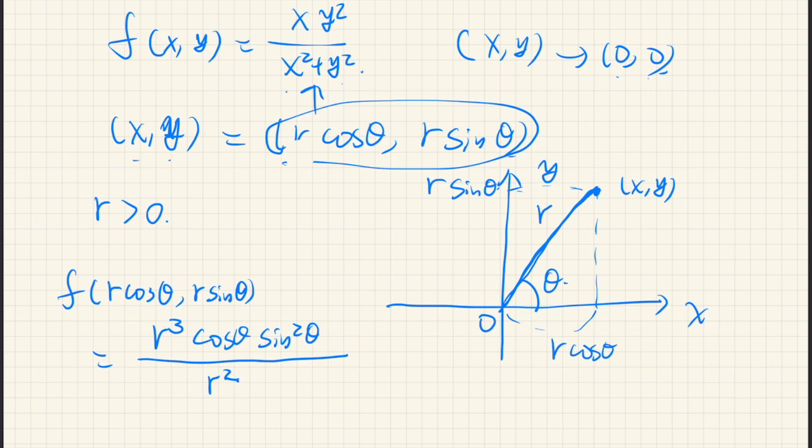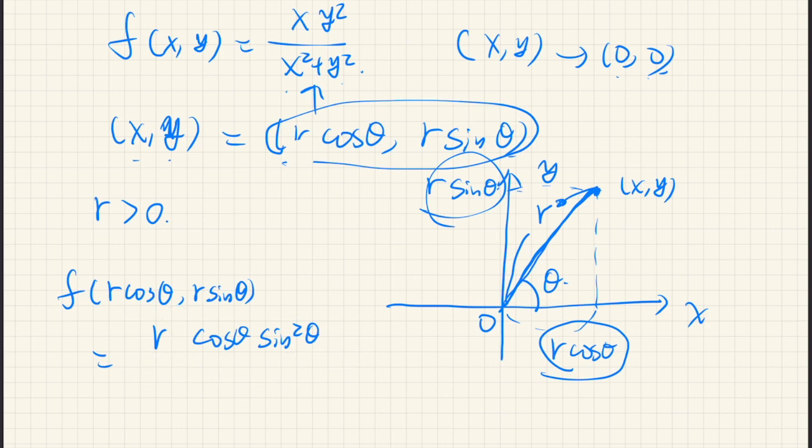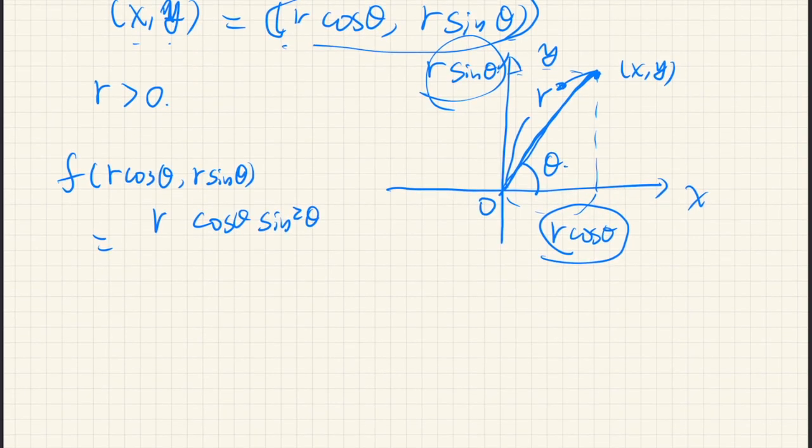So this squared plus this squared is this squared, so it's r squared. That's the Pythagorean theorem. And so we can cancel this r. So this is it. And now we show that the limit is 0.